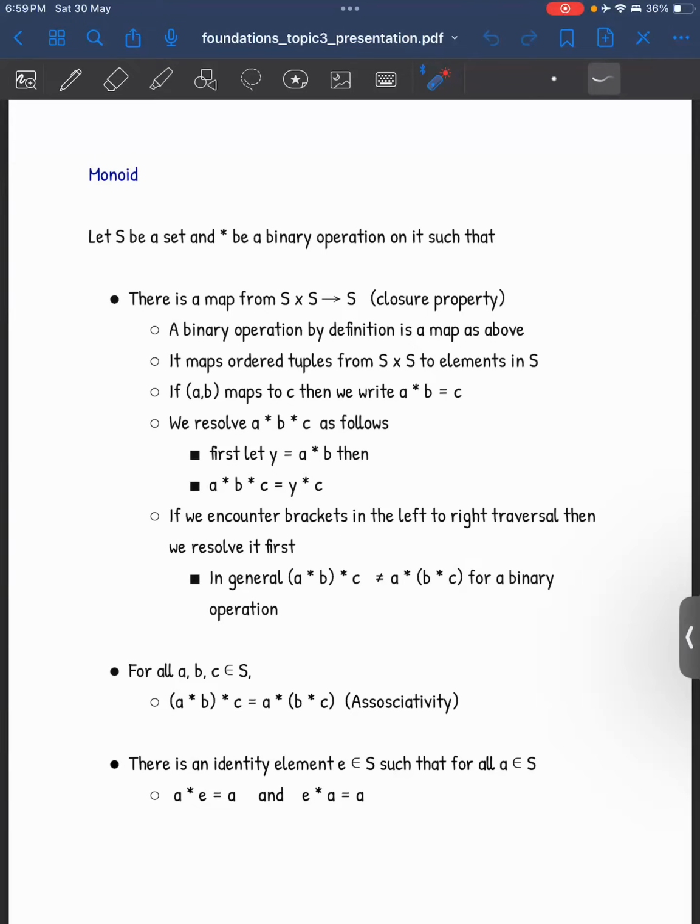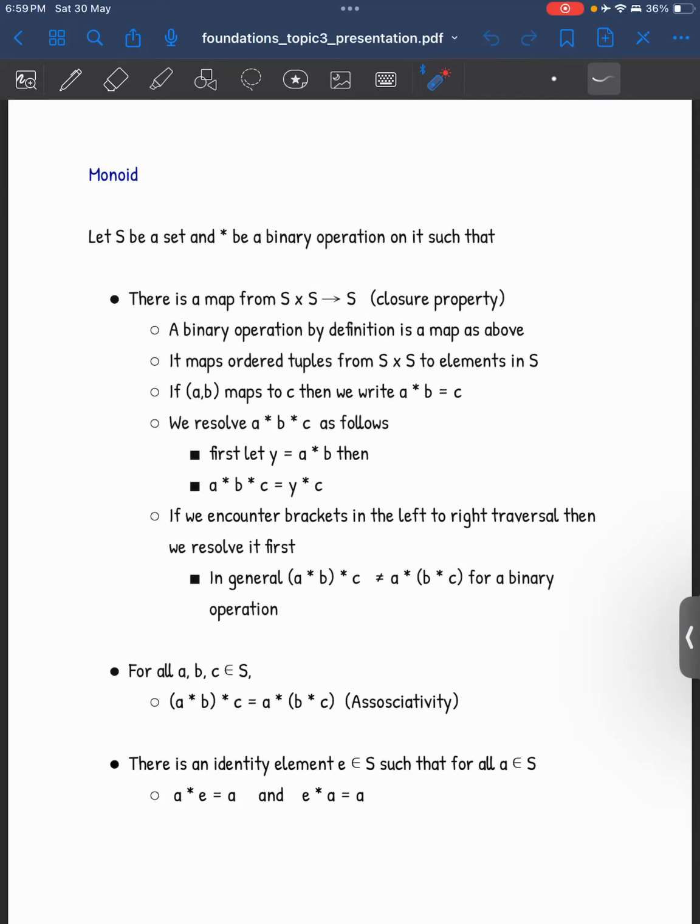So we write a binary operation as a map from S cross S to S. In particular, the domain of the map is the Cartesian product of S with itself, and the codomain is also S. The map associates every ordered tuple from the Cartesian product S cross S to elements in S. Since the domain consists of ordered tuples, observe that the image of the tuple A comma B is different from the image of the tuple B comma A.